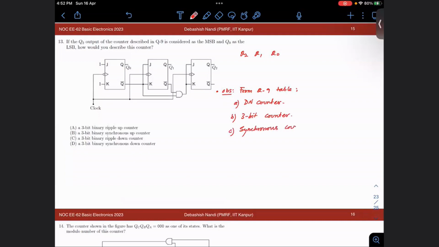By the way, what do we mean by a synchronous counter? That means the same clock pulses are applied at all the levels of the flip-flops. And also it is a binary counter. We have seen that it counts from 7, 6 onwards to 0 and then back to 7. So D would be my right answer. A 3-bit binary synchronous down counter.